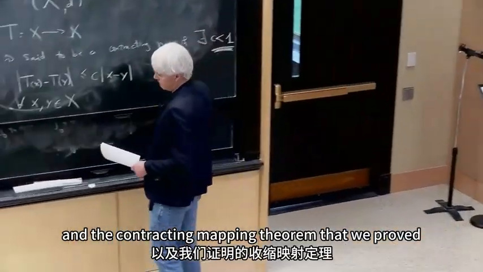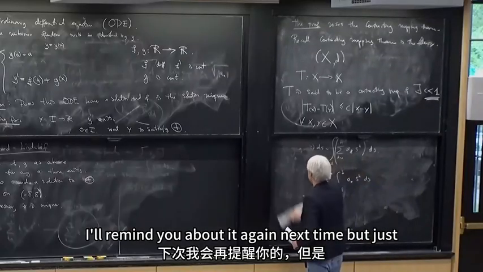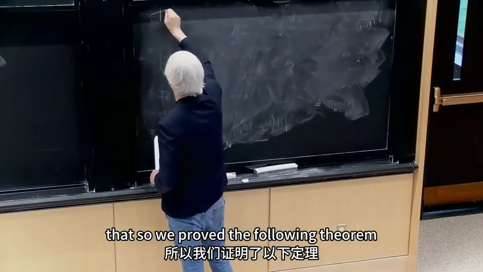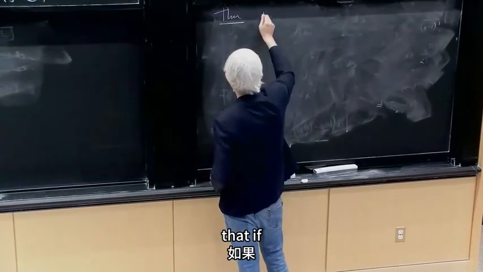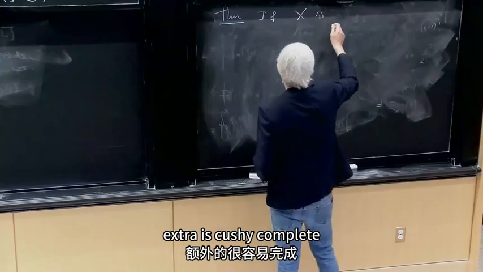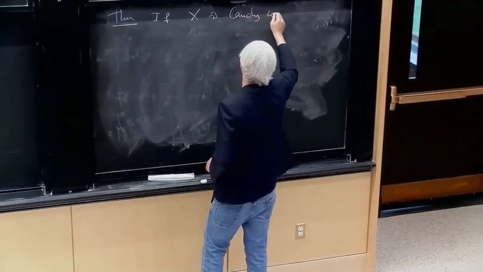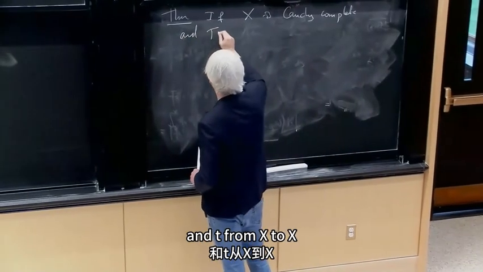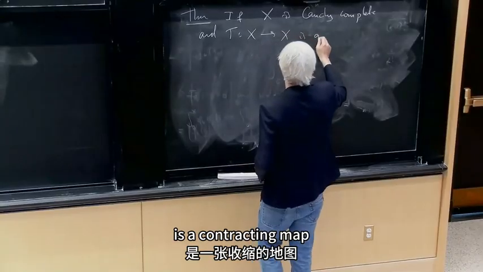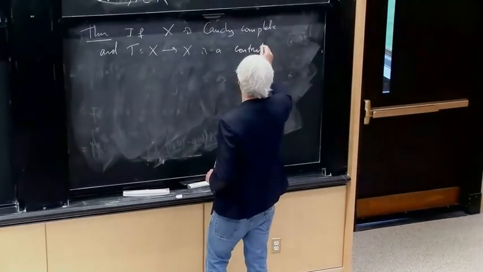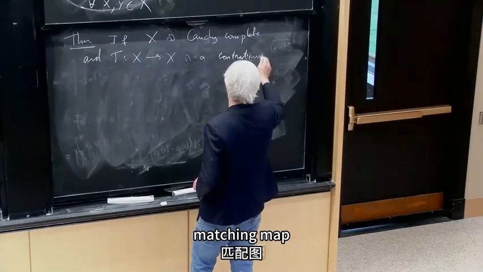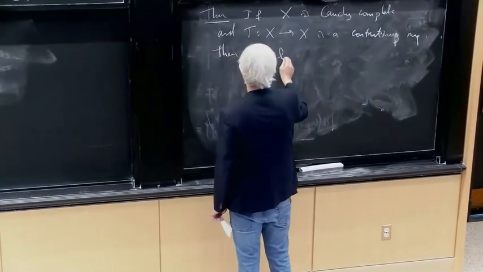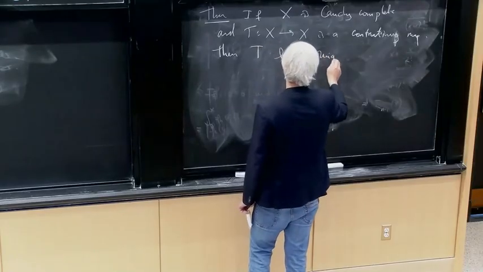And the contracting mapping theorem that we proved, I'll remind you about it again next time, is the following: if X here is Cauchy complete, and T from X to X is a contracting map, then T has a unique fixed point.